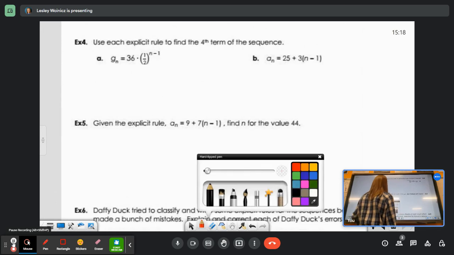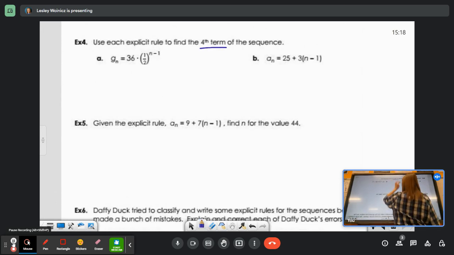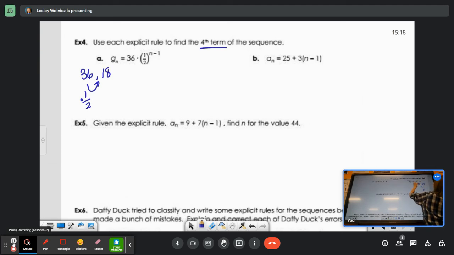So we have to find the fourth term. So we don't really care about the first 3. We just want the fourth one. So we can start at what? 36 and do what? Times 1/2. So that would be 18. And then half of 18? 9.